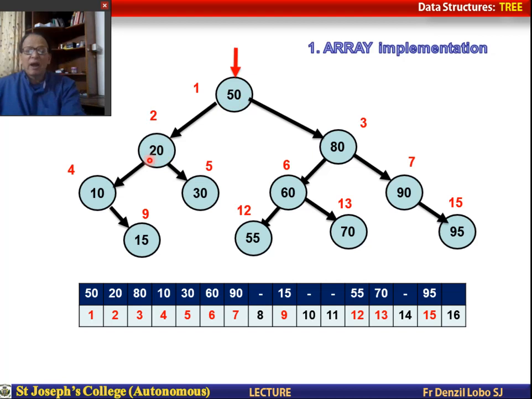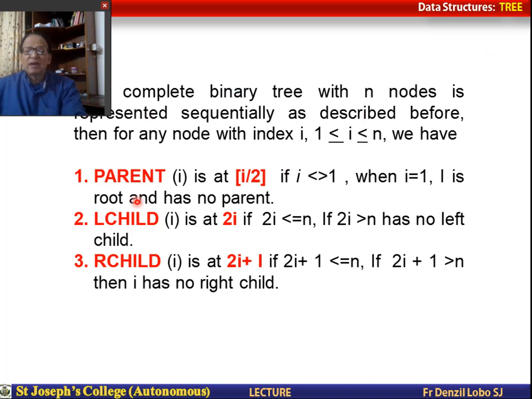So i by 2 will give me the parent. For example, this index is 4. What is the index of the parent? That is 4 divided by 2. I get the parent of the left child. If it is the right child, what do I do? The parent is given, all right.